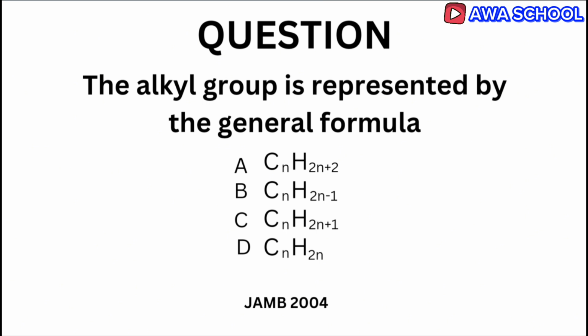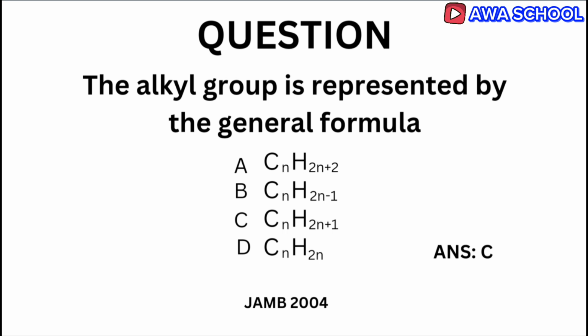But right now, we don't have alkyne. What we're asked in this question is the alkyl group, right? So when one hydrogen atom leaves the general formula of the alkane, we are going to form the alkyl group. Do you get? So our answer here is option C. The general formula for the alkyl group is CnH2n plus 1.